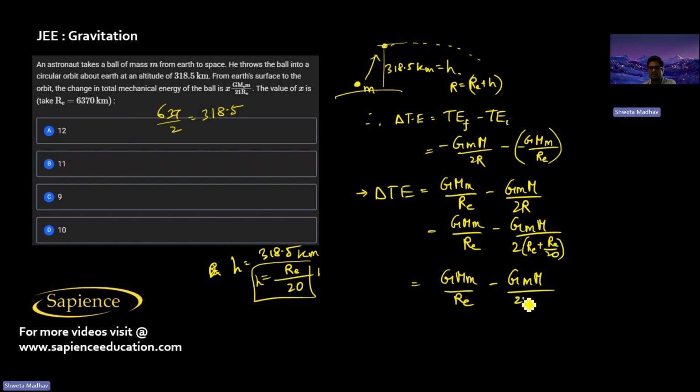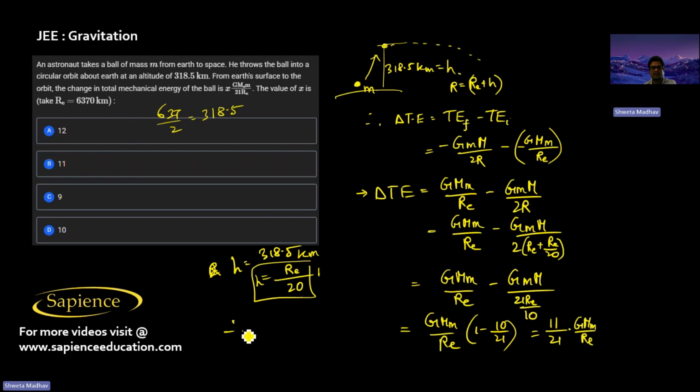So this is Gmm by Re minus Gmm by 21 Re by 20, so Gmm by Re into (1 minus 20 by 21). This will be 21 minus 10, that is 11. So 11 by 21 into Gmm by Re.